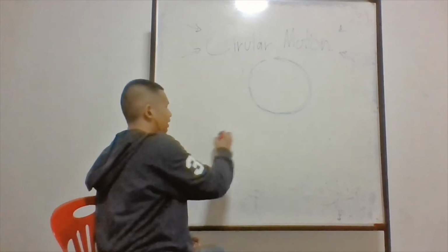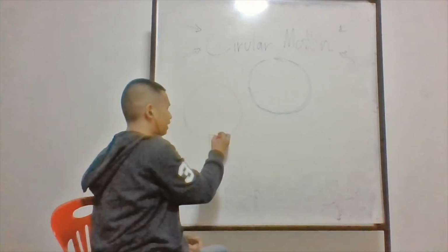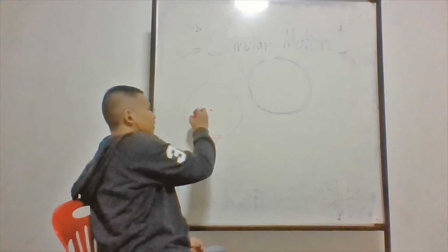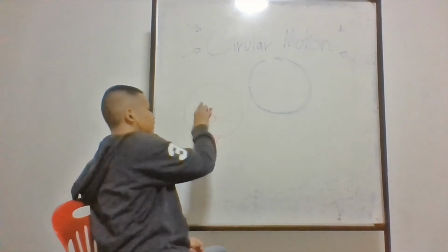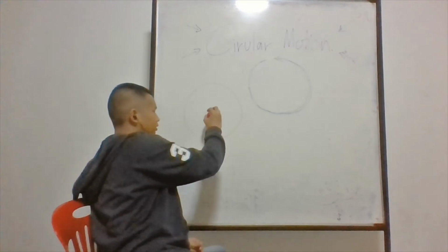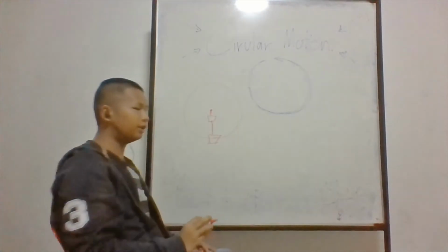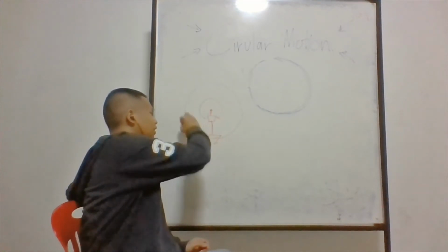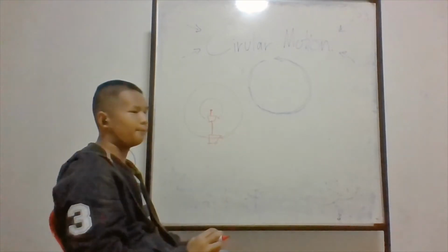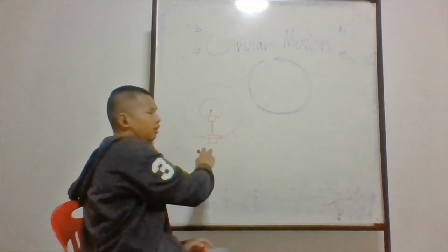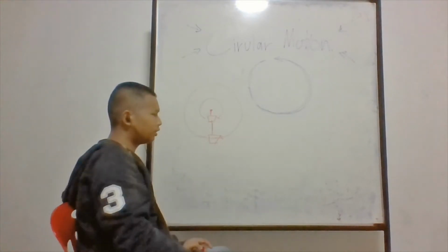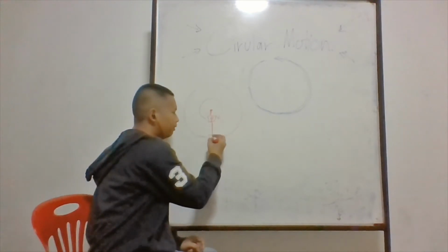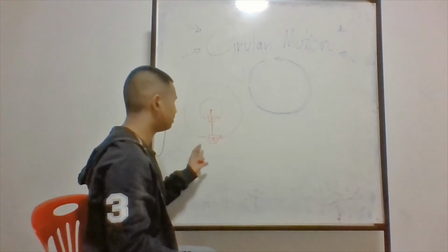If we have a car here, and there is another car that is closer to the center of the circle than this one, but the cars complete the circle in the same time, then car B covers less distance than car A.